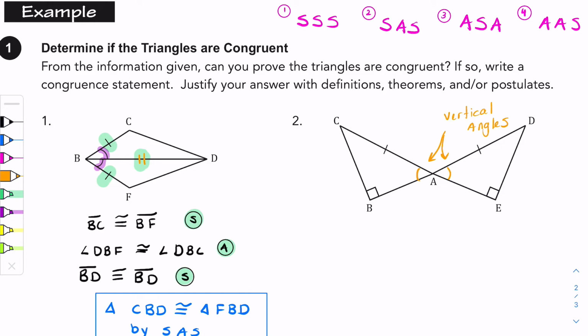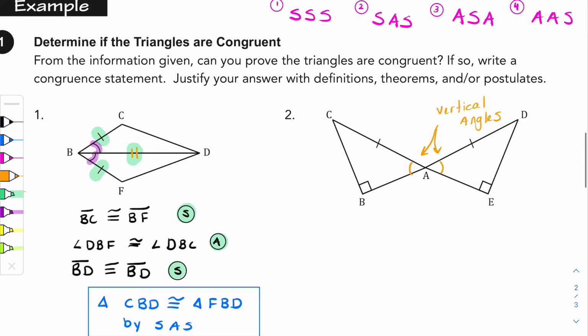So vertical angles are congruent, and you're going to want to utilize that in this model because after you utilize or indicate that you have vertical angles, you have an angle, and a side.